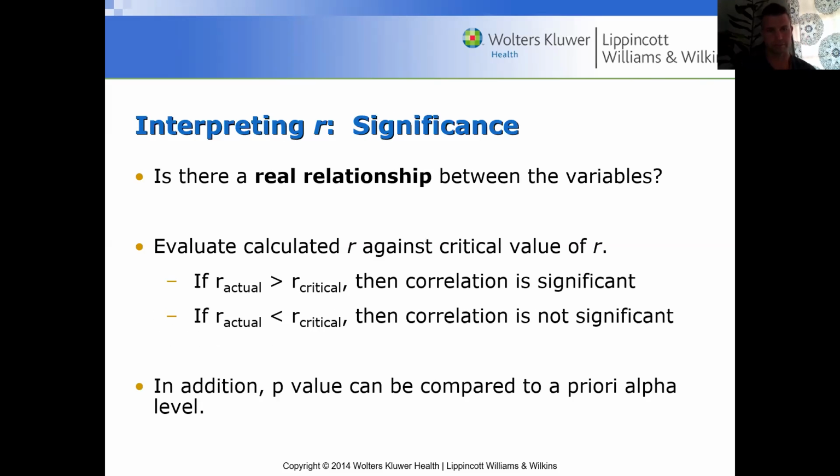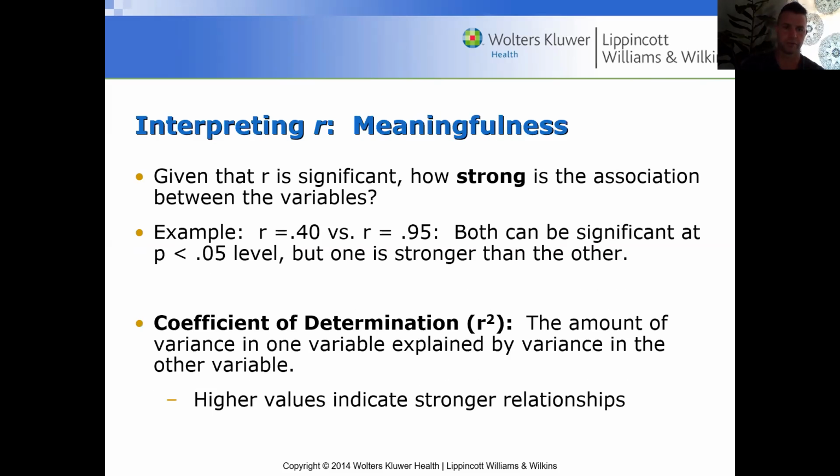Is there a real relationship between the variables? If the actual R is greater than your critical R, then the correlation is significant. If the actual R is less than the critical R, then the correlation is not significant. In addition, p-values can be compared to the prior alpha levels.